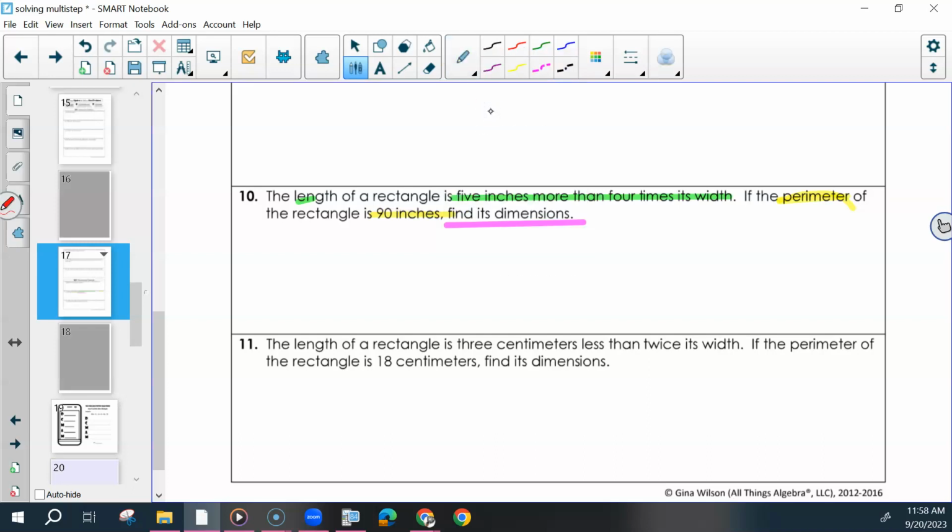So just like before, we can write out L equals length, W equals width. You actually have to write it in a test, L equals length. Yes. You have to define your variable. It's one of the points. Okay. Then we can make our equation for length.